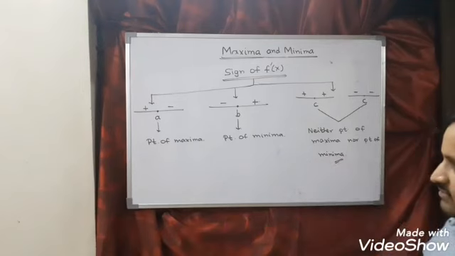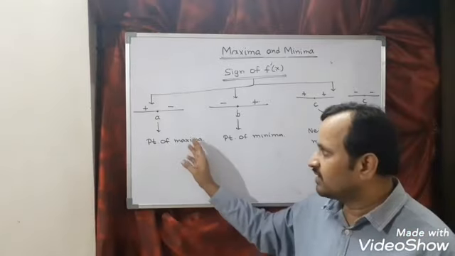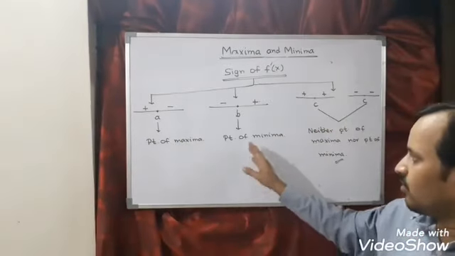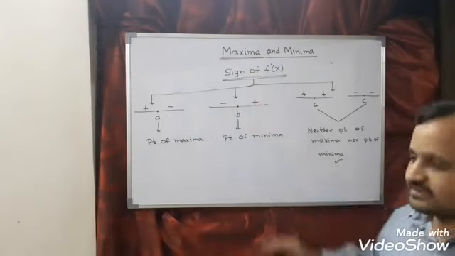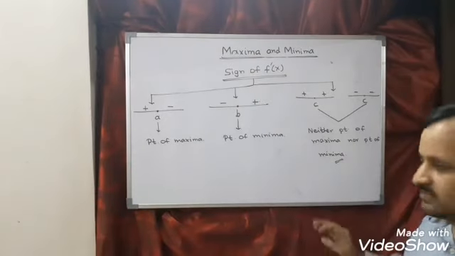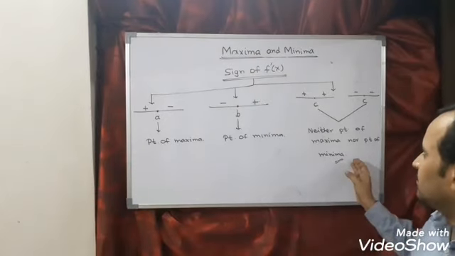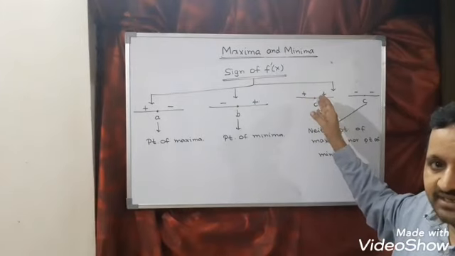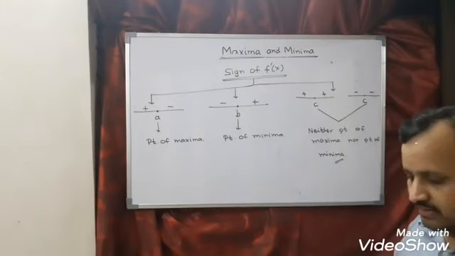So I think it is clear. To get point of maxima, plus minus; point of minima, minus plus; neither point of maxima nor point of minima, f dash x does not change its sign.